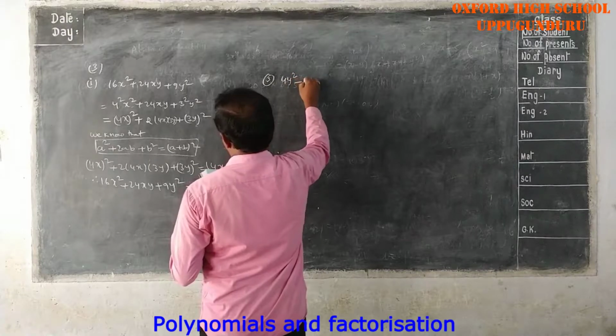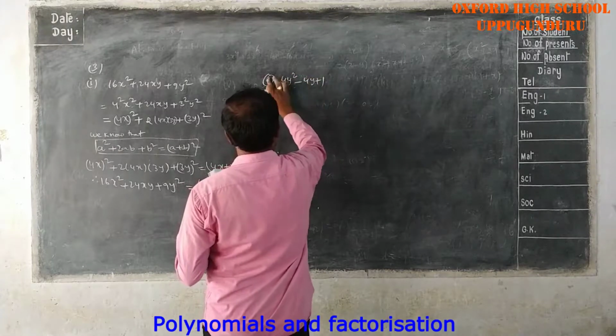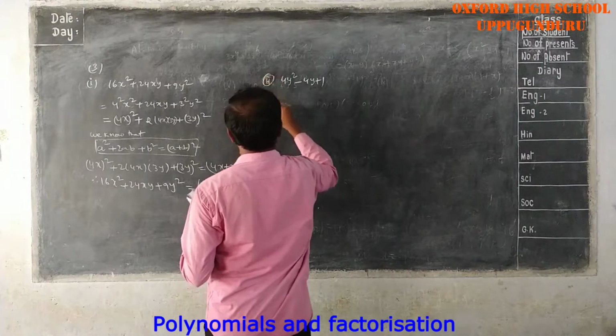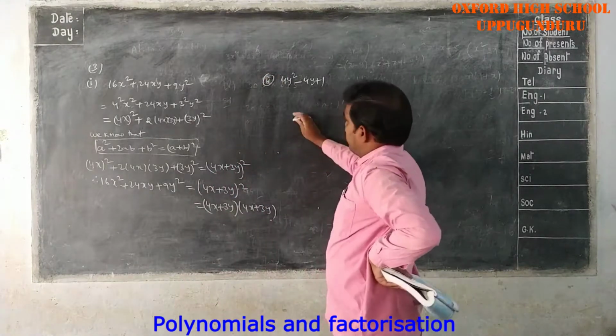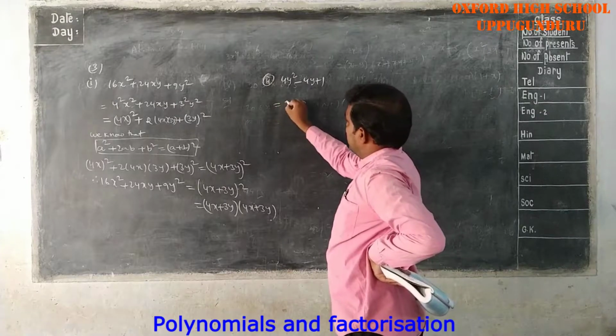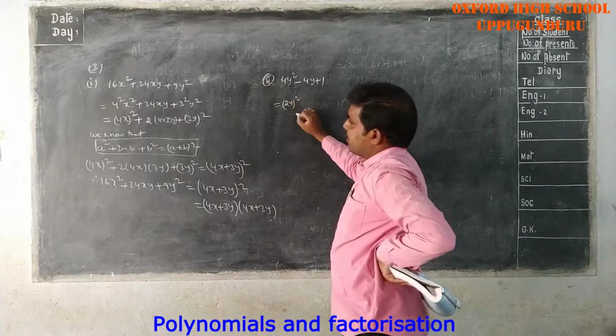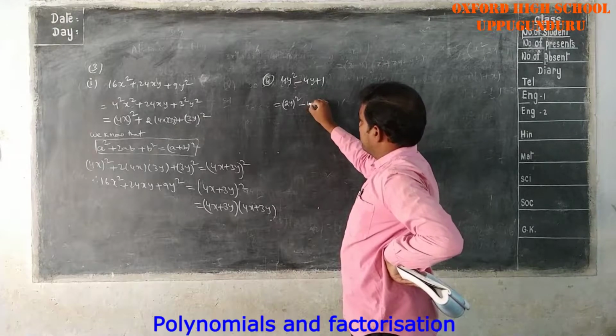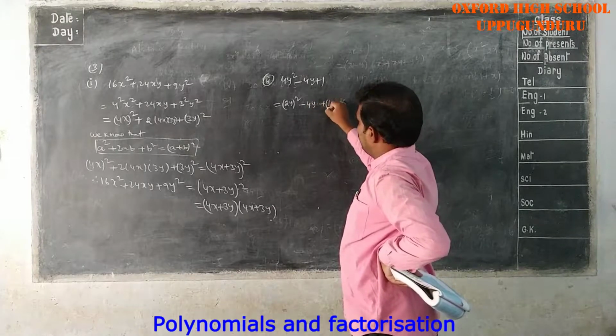Next one, second one, 4y square minus 4y plus 1. 4y square you can write as 2y whole square, minus 4y, and 1 you can write as 1 whole square.